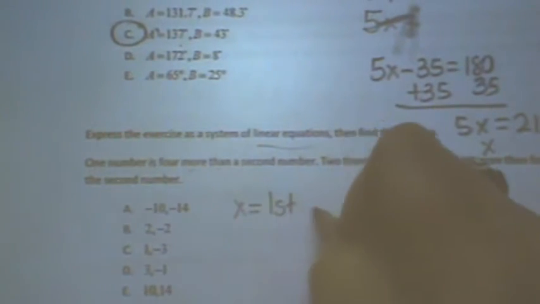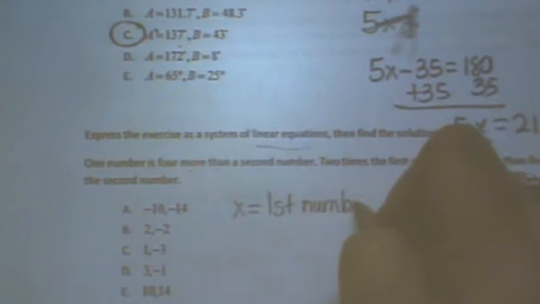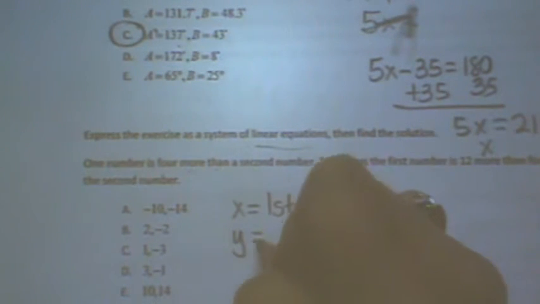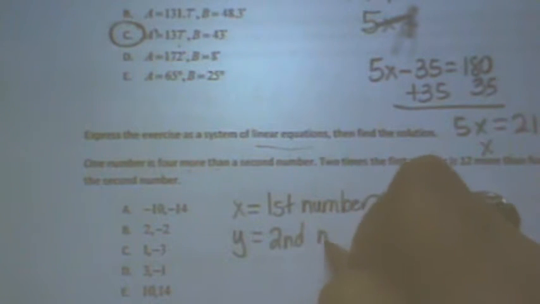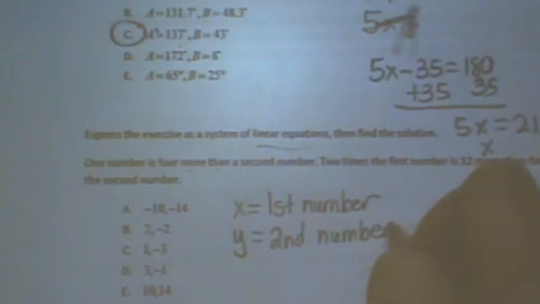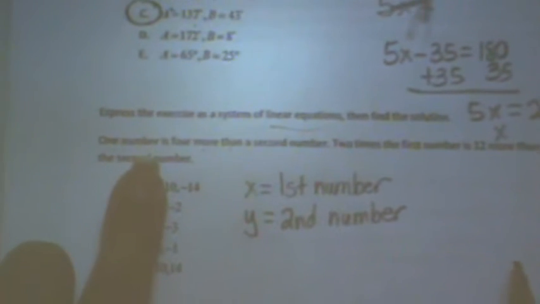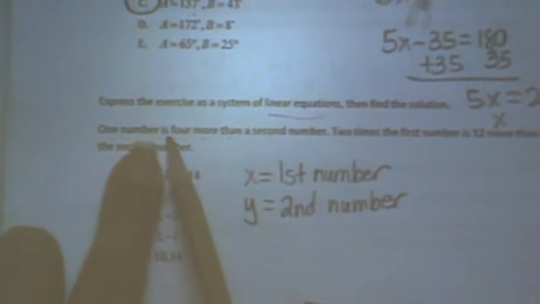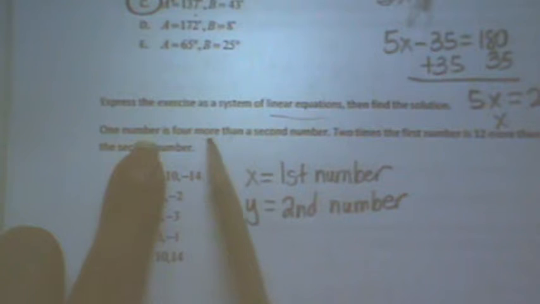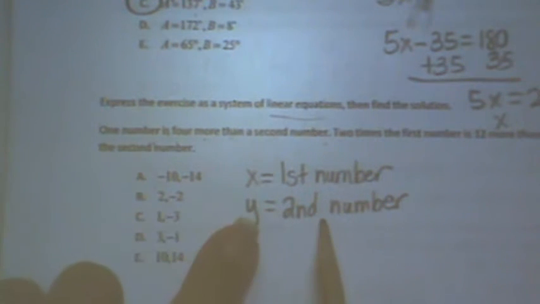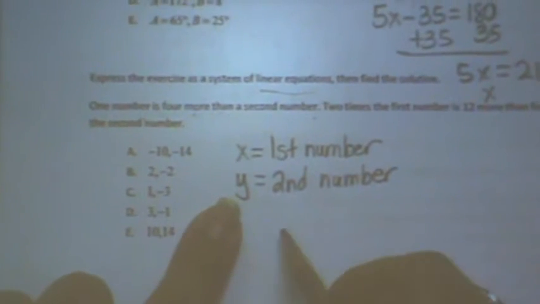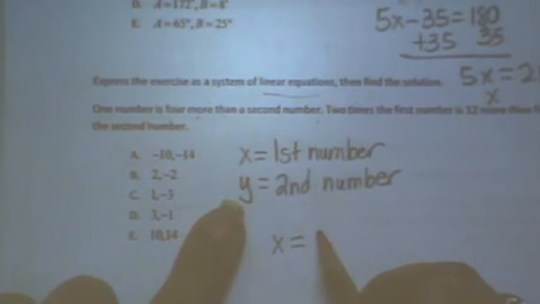X is the first number, and y is the second number. So the first number is 4 more than the second number. We have to add 4 to the second number for it to be equal to the first number. So x is equal to y plus 4.